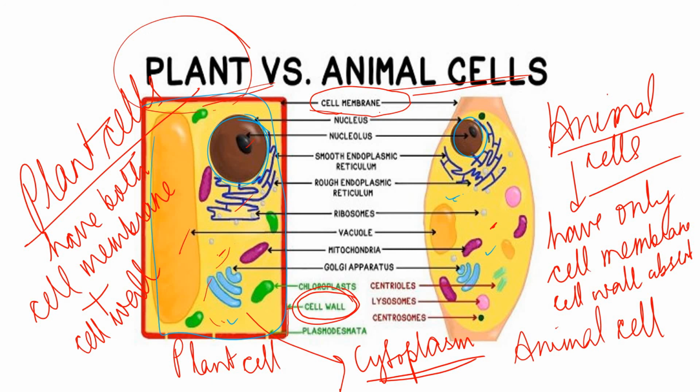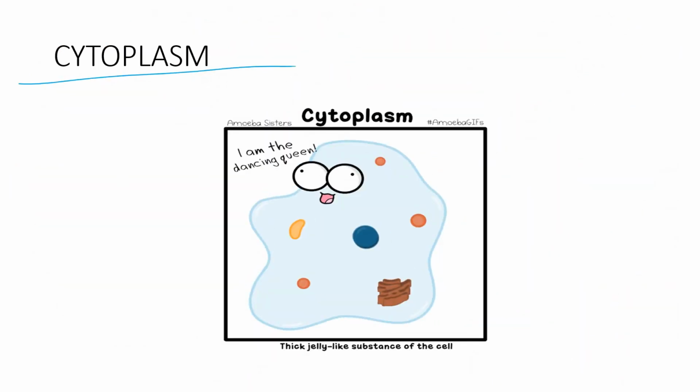Many organelles are embedded in the cytoplasm. We will be studying many organelles now one by one: ribosome, vacuole, mitochondria, Golgi apparatus, centrioles, chloroplast, everything. All these things are embedded, meaning they are present in this jelly fluid-like structure of the cell. Understood? So this was your cytoplasm.